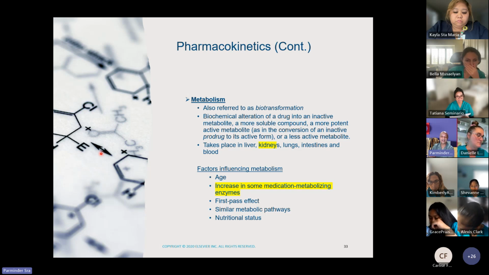If somebody has less enzyme, then the drug will keep circulating and doesn't get metabolized, which can cause toxicity. On the other hand, if there are too many enzymes, they will break down the drug and excrete it quickly. The patient may have reduced therapeutic efficacy of that drug.